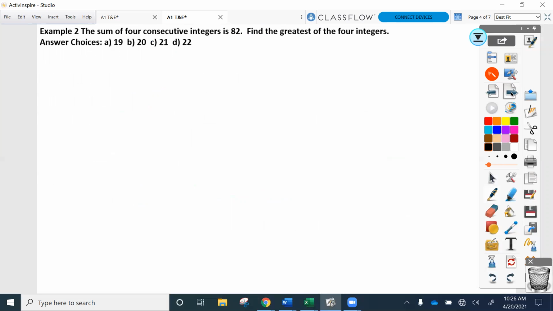Okay, here's another example. It says the sum of 4 consecutive integers is 82. So these are some buzzwords here. Sum means you're adding things up, right? And is the same thing as saying equal. So the sum of 4 consecutive integers is equal to 82.